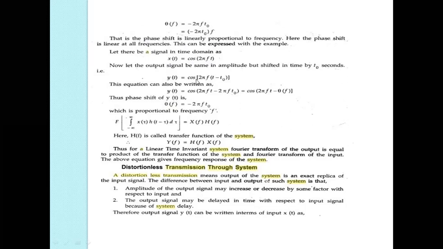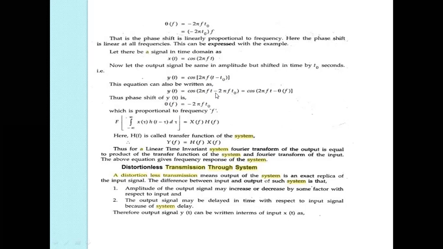So y of t is equal to cos 2 pi f times t minus t naught. This equation can also be written as y of t equal to cos of 2 pi f t minus 2 pi f t naught.